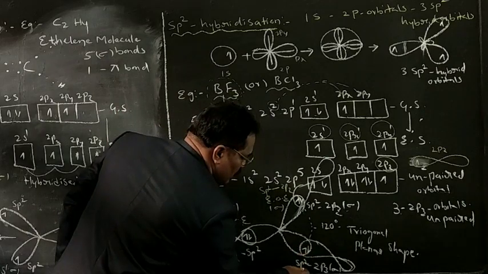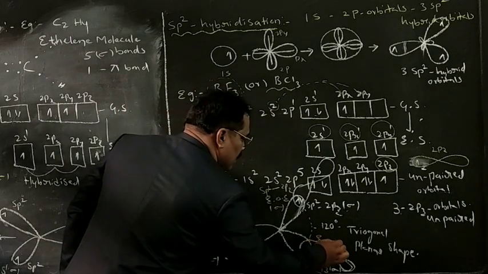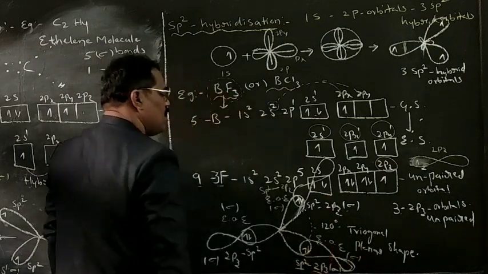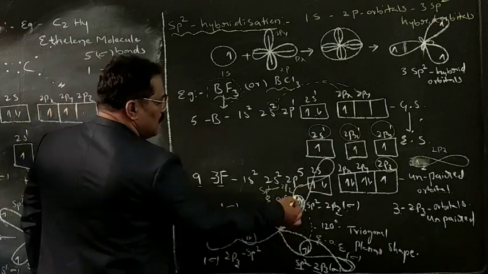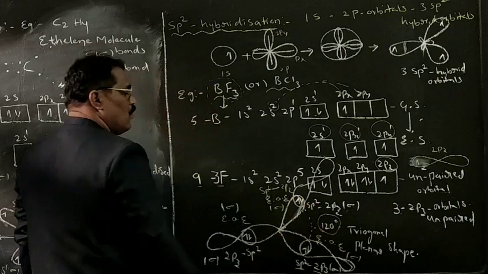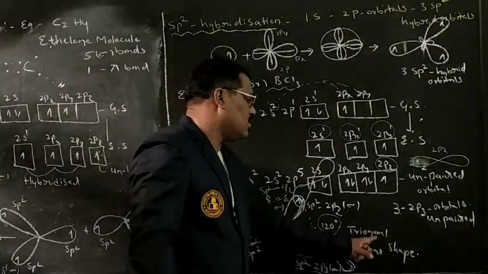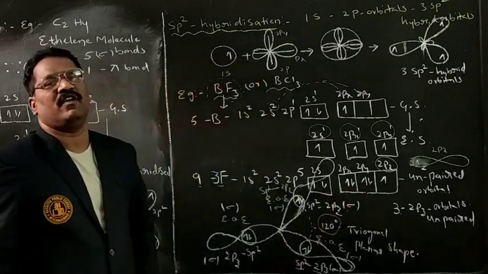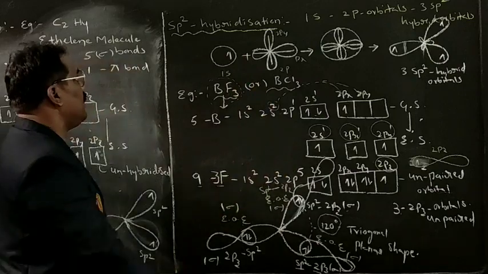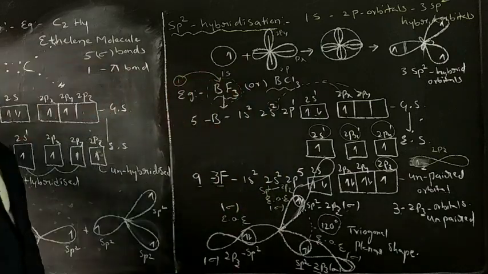And here also one sp2 hybrid orbital and a 2pz orbital overlap end on end. Due to that, one more sigma bond is formed, such that the angle between two bonded pairs is 120 degrees, and the shape of the molecule is trigonal planar. This is sp2 hybridization, with the example of boron trifluoride.